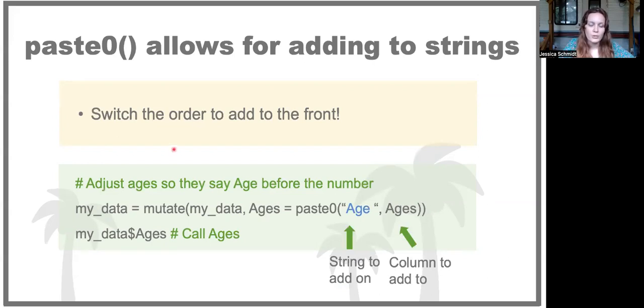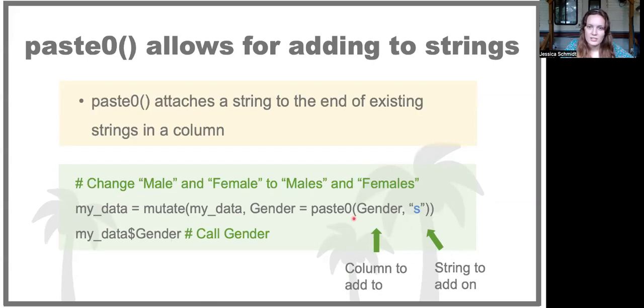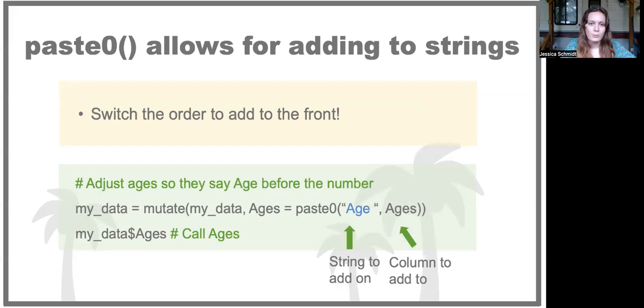Okay, so we can also switch the order to add to the front. Back here, we did the gender column and then added s on. But we can do it the other way. So here, I want to mutate the ages column. I want it to say age first. So this is the string I want to add, "age ", and then I want it to actually print the age that it is.